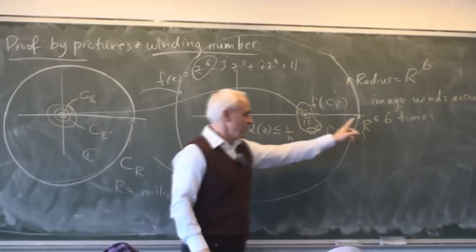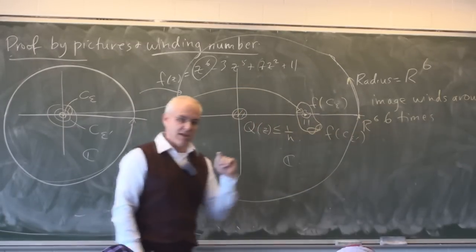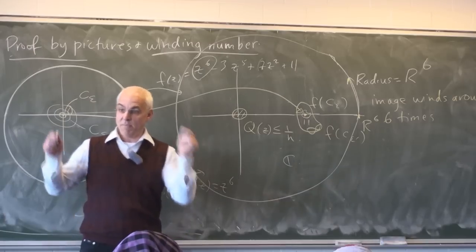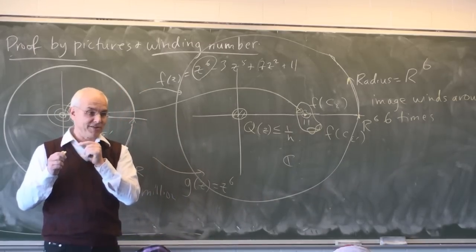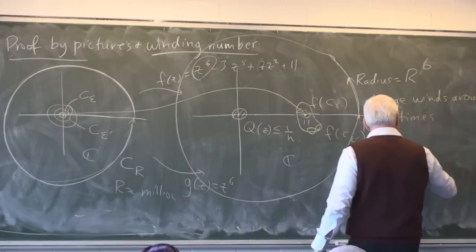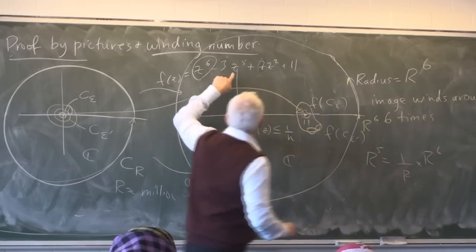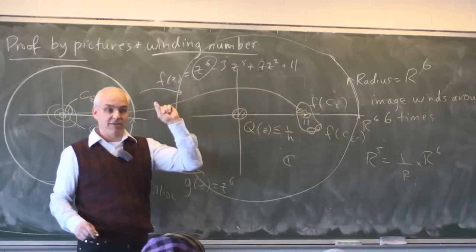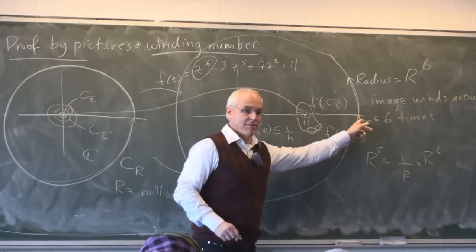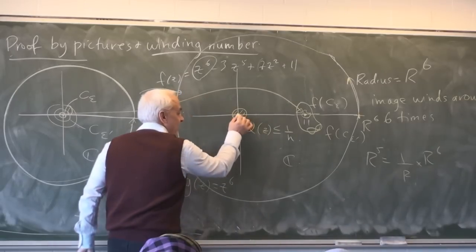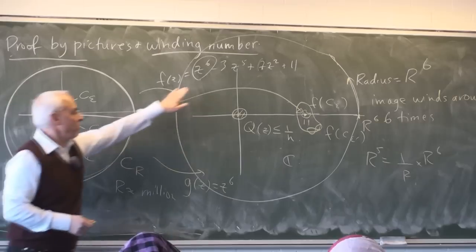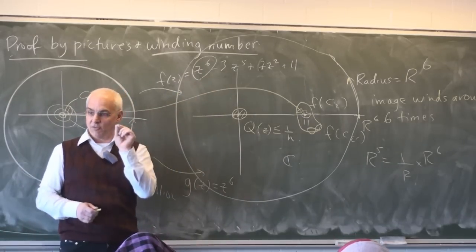So if this is 1 million to the 6th, where is 1 million to the 5th? Well, it's 1/millionth the size of 1 million to the 6th. Right? r to the 5th is 1 over r times r to the 6th. So this r to the 5th term is 1/millionth of this radius. In other words, it's invisible, or almost invisible to us. And even if we multiply by 3, it's still essentially invisible to us.